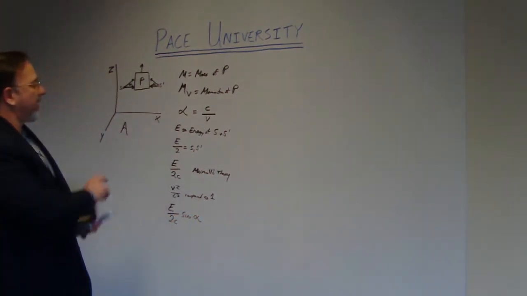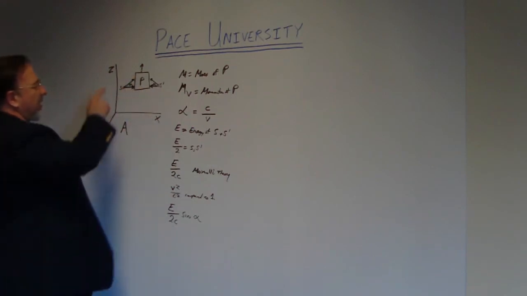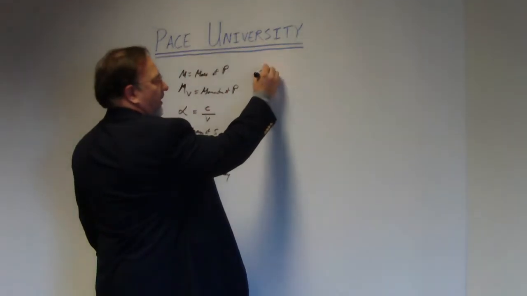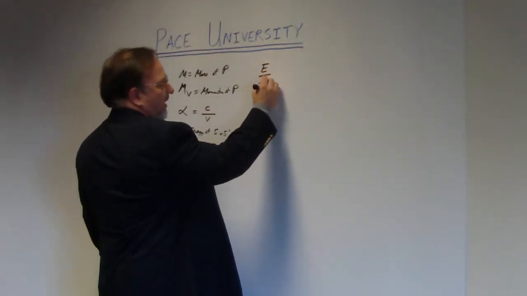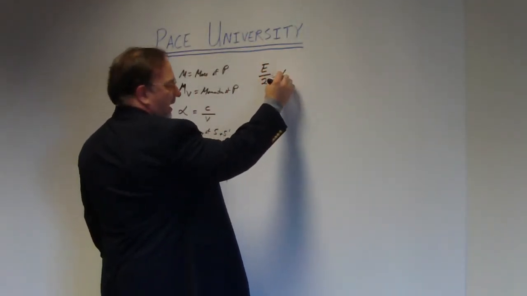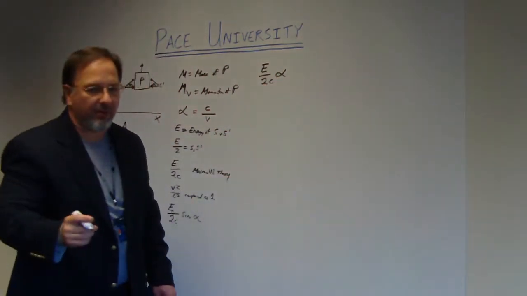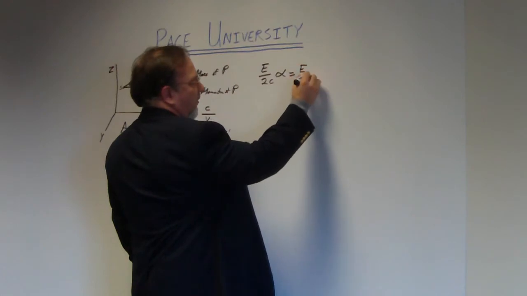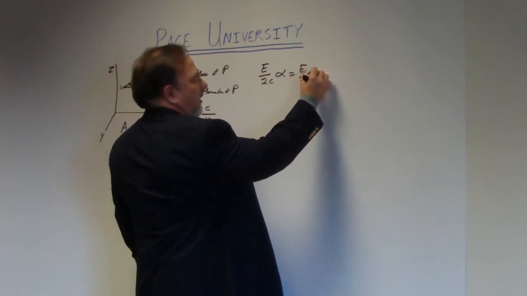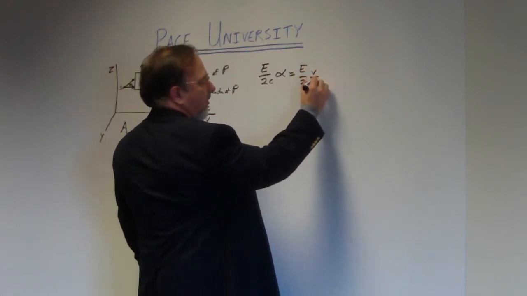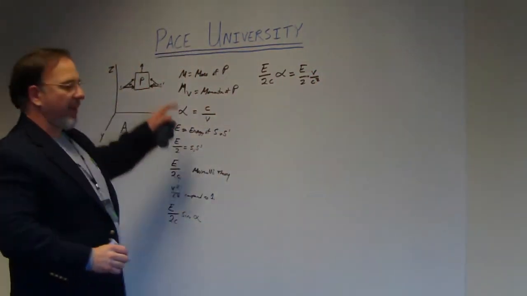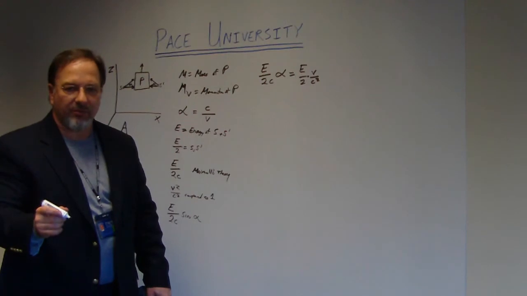Now, in the higher order of magnitude, the z component of this momentum of one of those light energy complexes, E over 2c alpha, again in the higher order of magnitude, equals E over 2 times v over c squared. That's the momentum of each one of those light energy complexes.